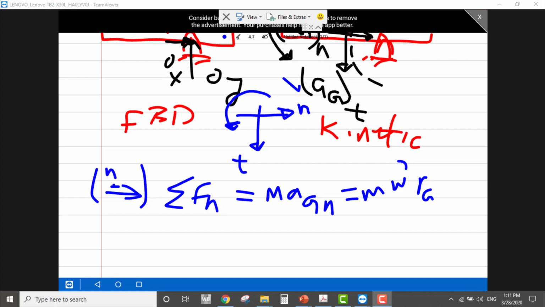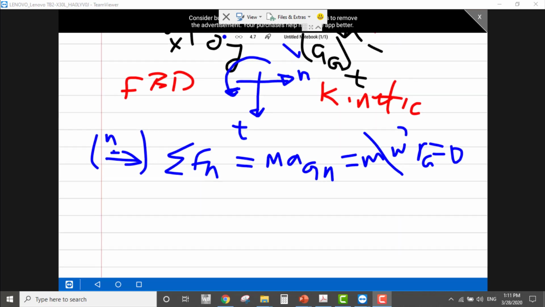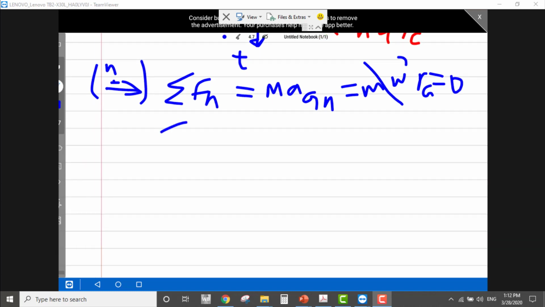This problem starts at the moment of cutting the cord, so there is no angular velocity. We have only angular acceleration, so this is equal to 0. So summation of force in the normal direction equals 0.